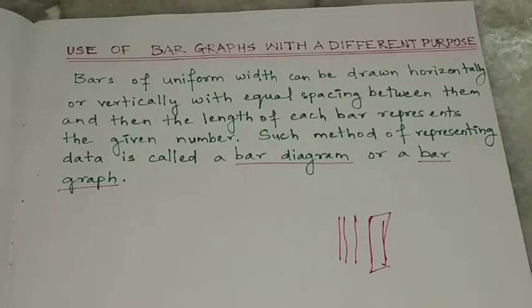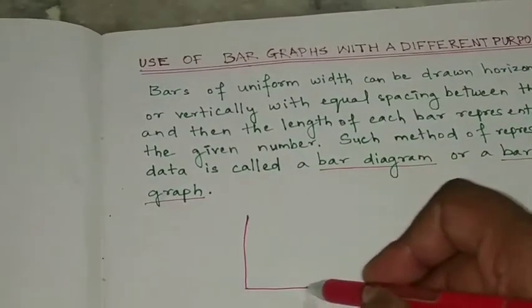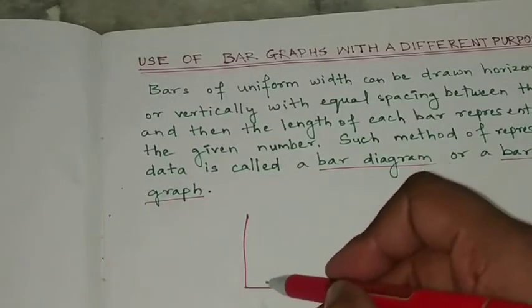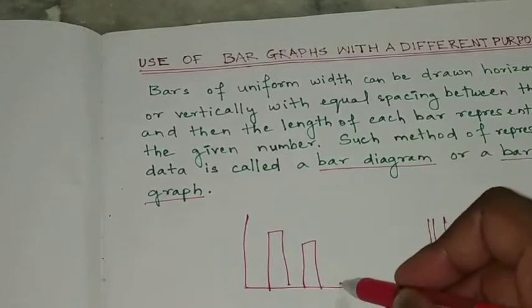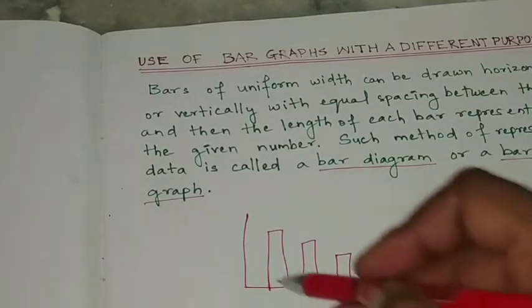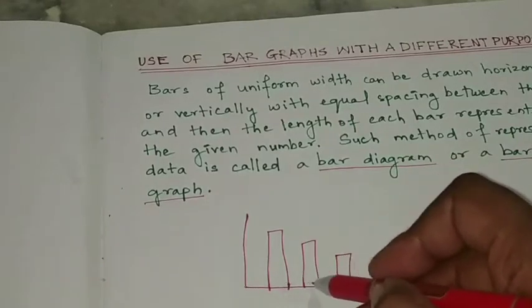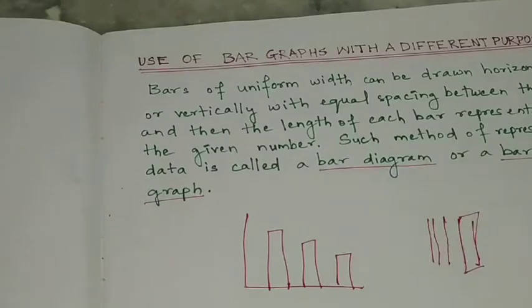Now in a bar diagram, what can we use? The bars, kept in equal spacing. Look here. If I am making a bar graph like this, each bar should be kept at equal space, so the distance between two bars should always be equal.